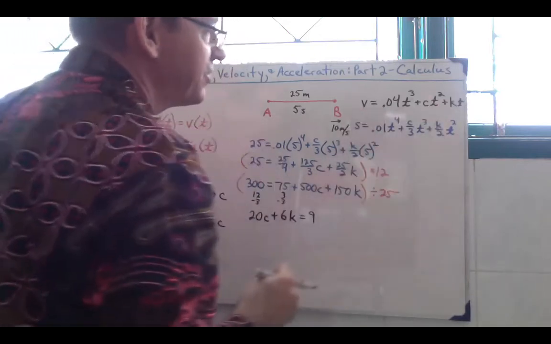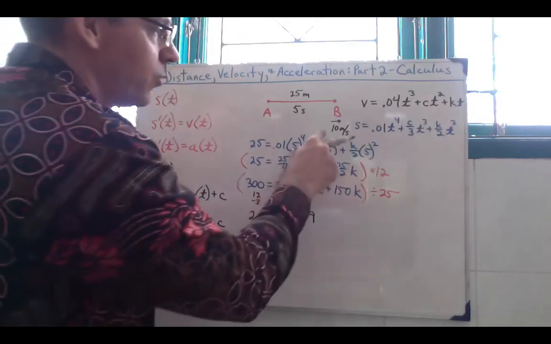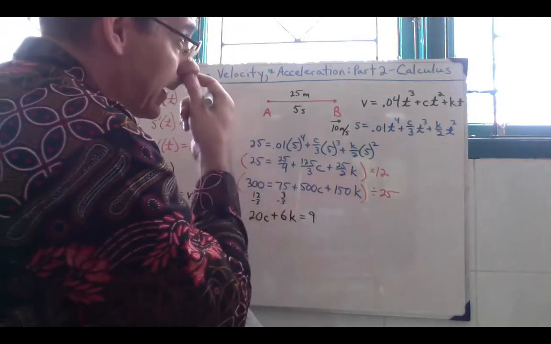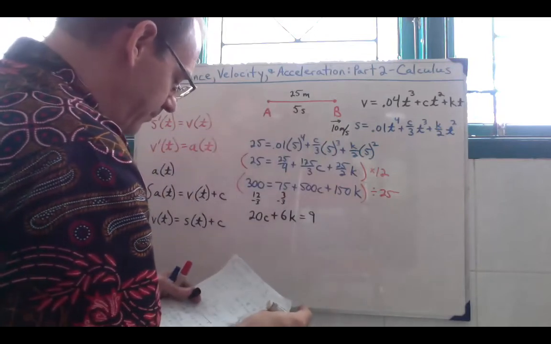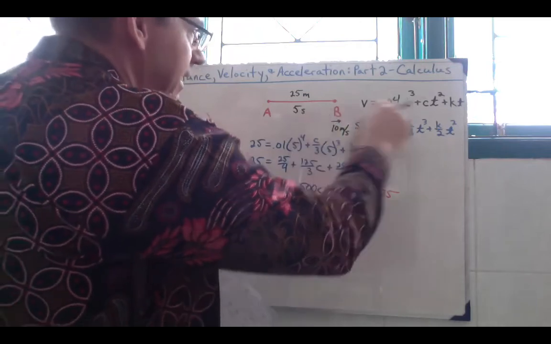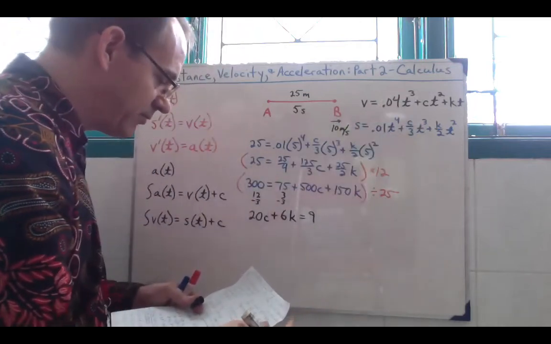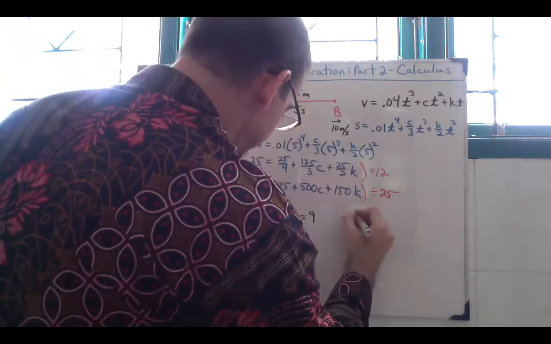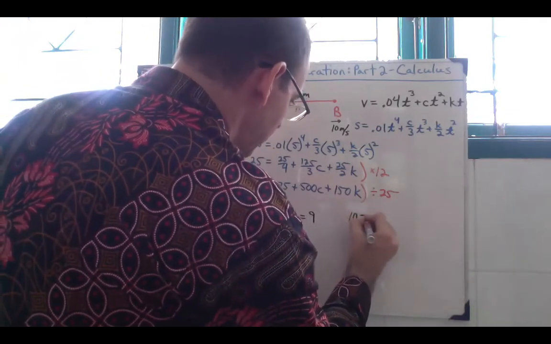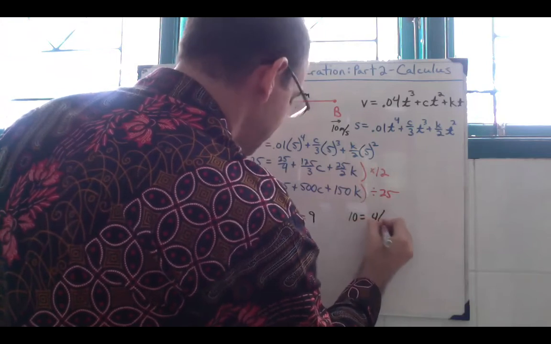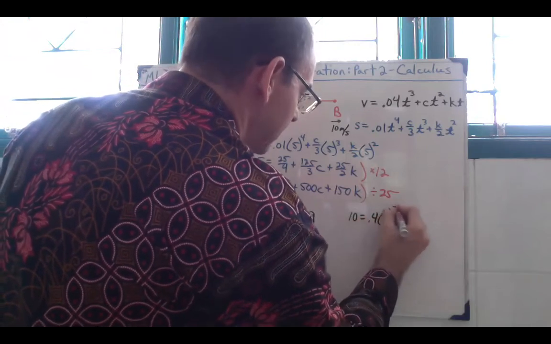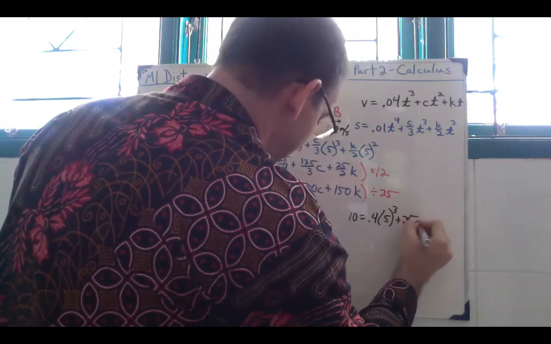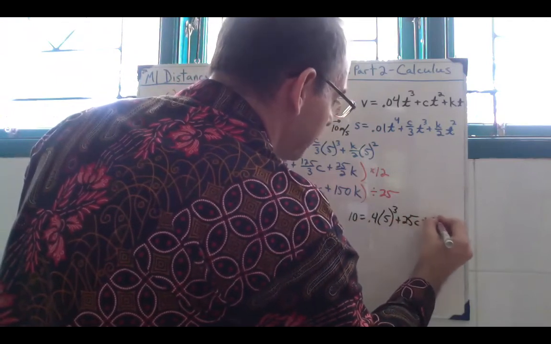Now we want to do the same thing with our velocity with 10 at the front and plugging in our 5. So when we do that, I'm going to do it here on the side so we have room, 10 equals 0.4 times 5 cubed plus 25C plus 5K.